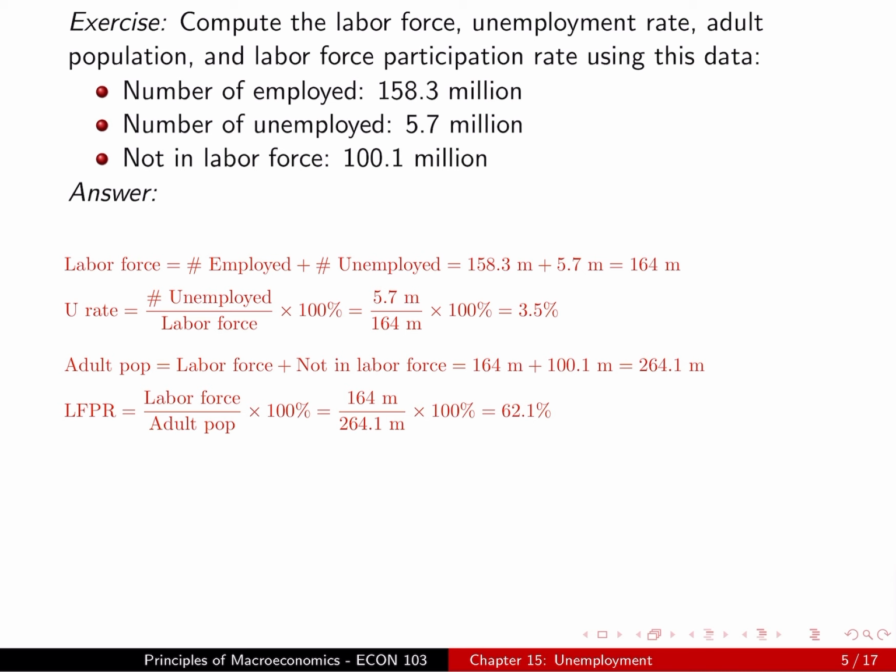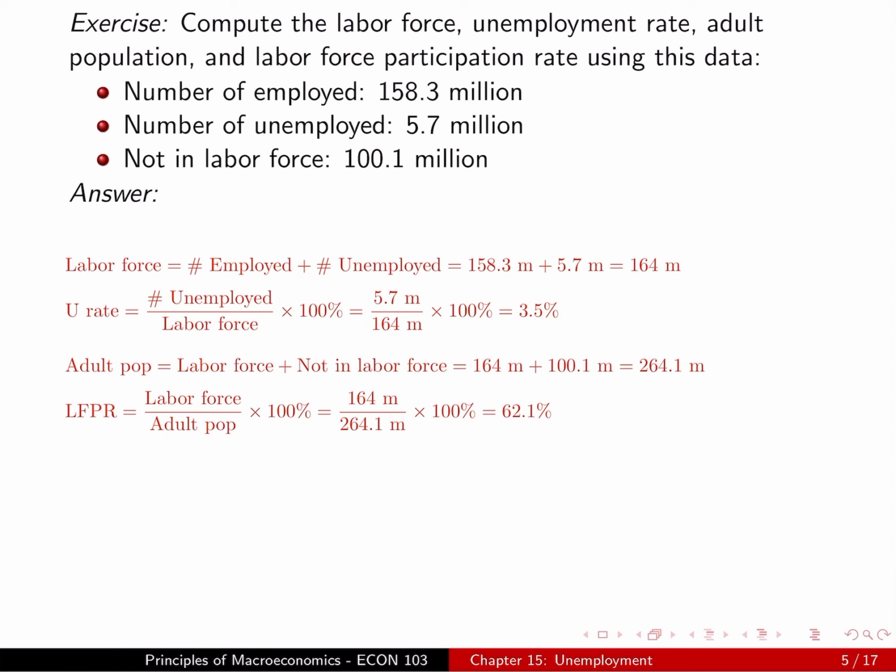Next, the unemployment rate can be found by dividing the number of unemployed by the labor force, then multiplying by 100%. So we take 5.7 million divided by 164 million times 100% equals 3.5%. Then the adult population can be found by summing the number of labor force and the number of not in labor force.